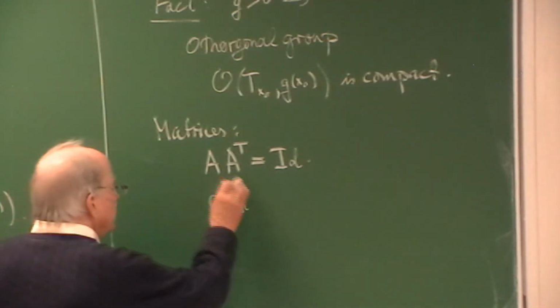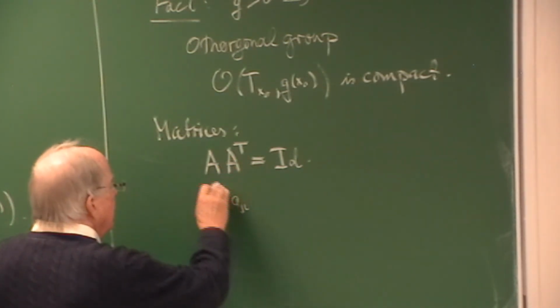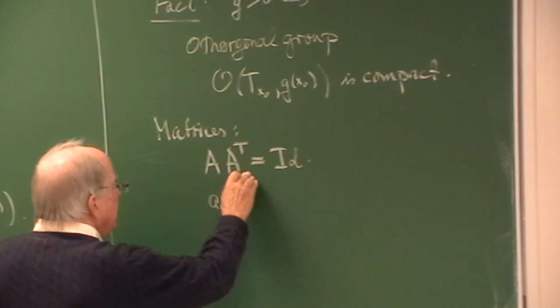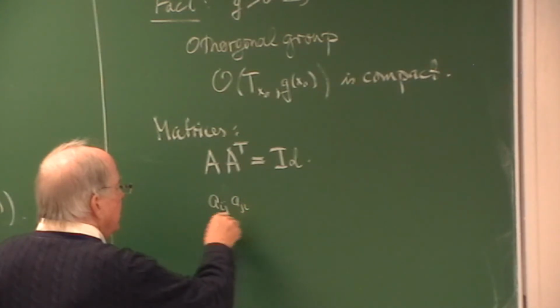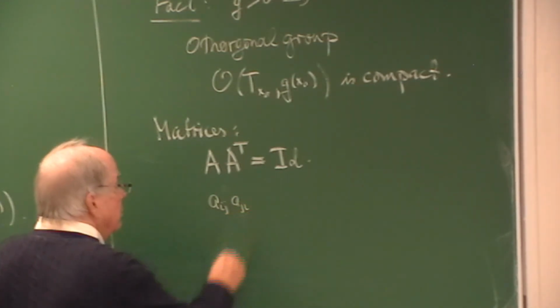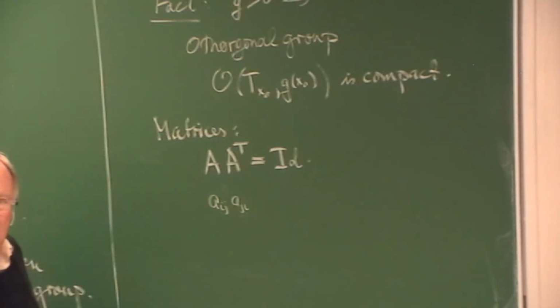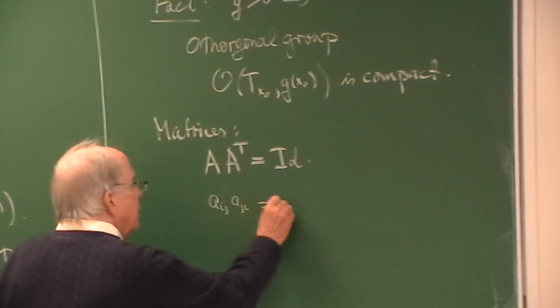Isn't that what A times A transpose is, the identity? This is delta_ij.